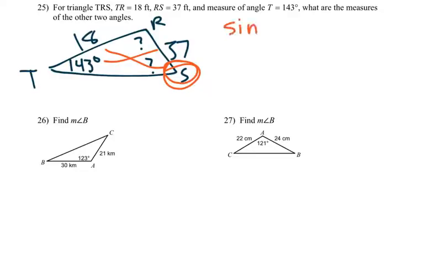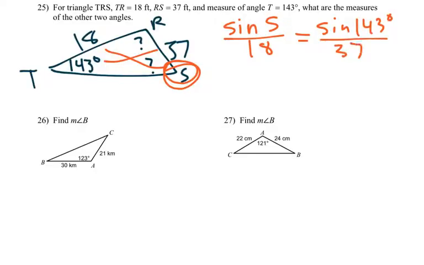Now I want to find the angle, so I put the angle on top. I always put the piece on top that I'm looking for. So sine of S over 18 is going to be equal to the sine of 143 degrees over 37. Now to get the sine of S by itself, we just multiply by 18.